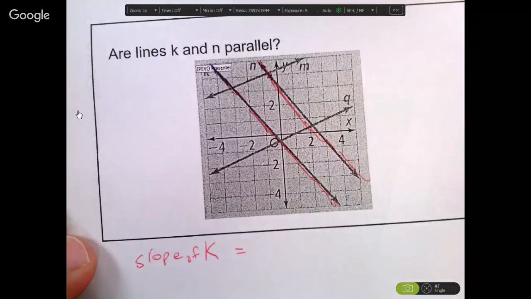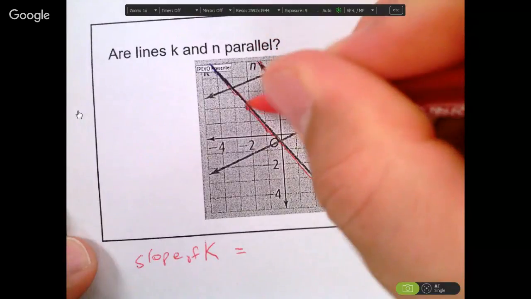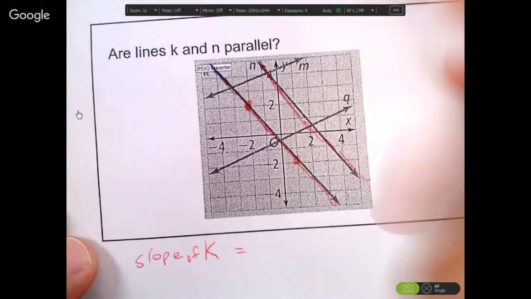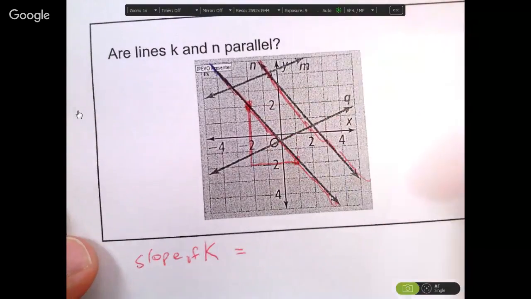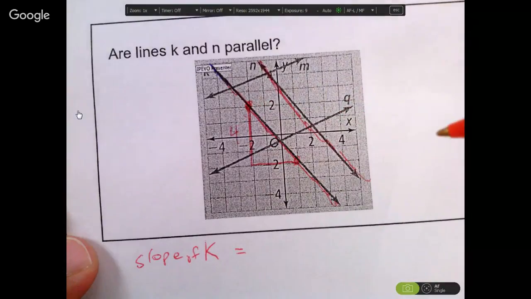The slope of K, guys, there shouldn't be discussions at the table, please. So K, I'm going to pick a nice point here. And I draw my little stair step. Okay, and I go 1, 2, 3, 4. It's not a nice point. No, the next one.